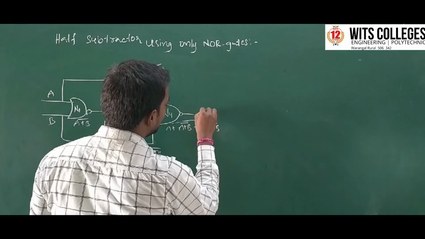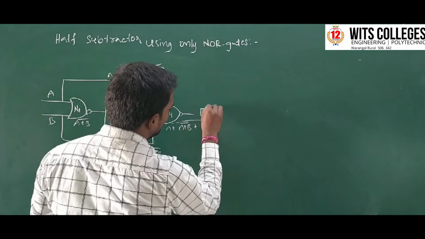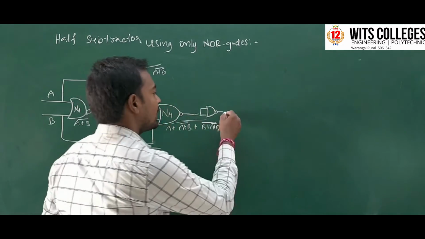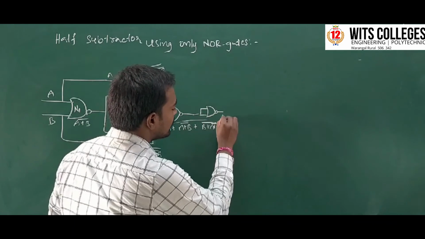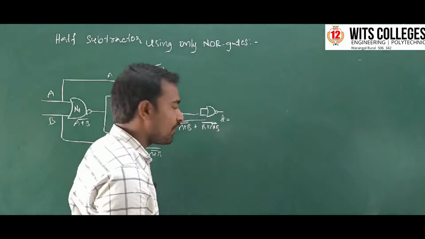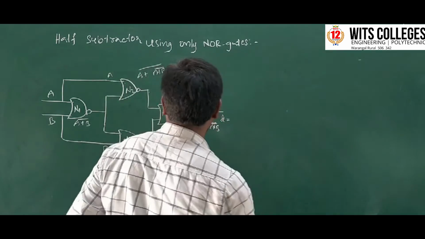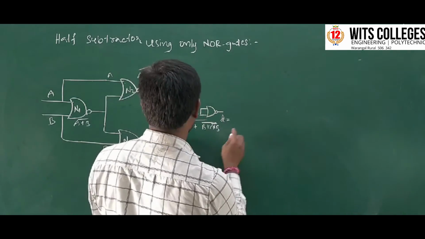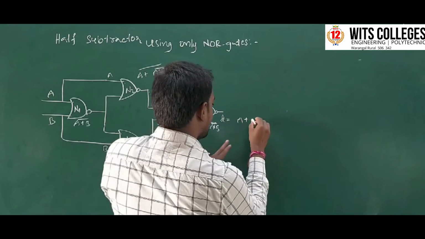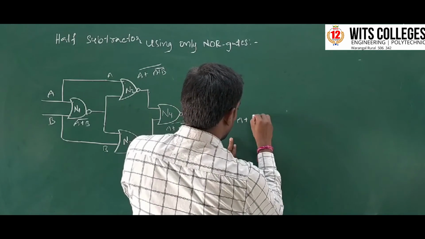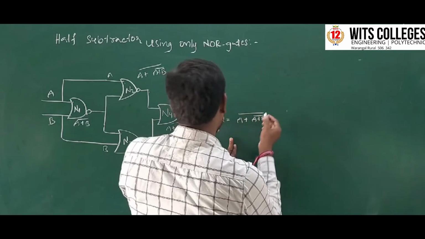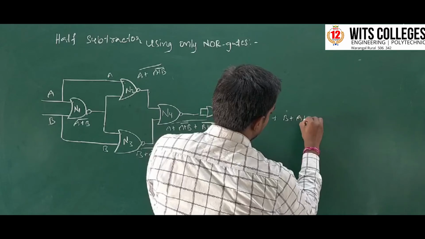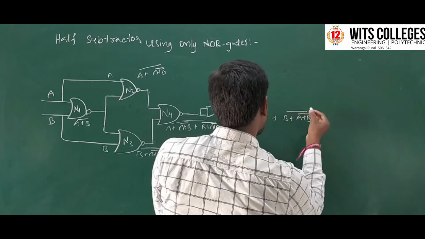And here I am connecting another single input NOR gate, and here I am taking the output equal to D, that is the difference output D. So the output D gives (A plus (A plus B) whole bar) whole complement plus (B plus (A plus B) whole bar) whole complement.